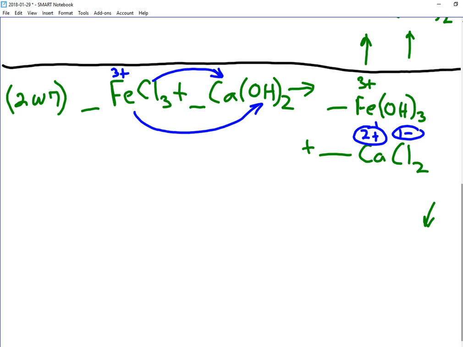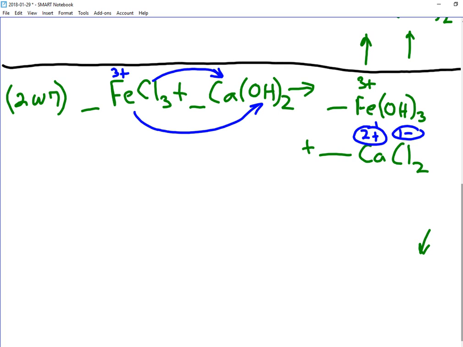Okay, now we got a balance. So we're going to take this one at a time. Iron on the left is 1. Iron on the right is 1. So far, so good. I'm home free with that one. 3 chlorines on the left and 2 chlorines on the right. Now, I'm going to use that little trick that I showed you before.